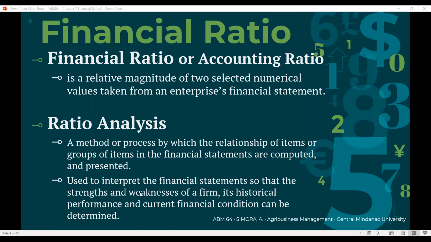So we will know our strength and our weakness, unsay needed sa atoang company. Kay, again, our performance and productivity is always based on the financial statements, the values at the end of the day. So it's historical performance. Actually, historical performance is kuan, good as comparing one ratio to another.